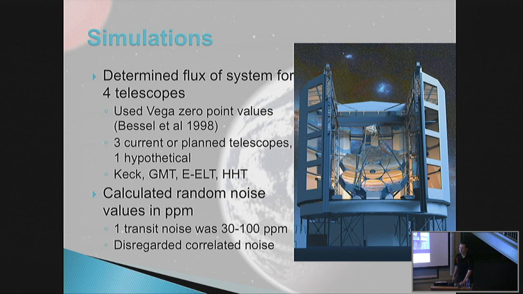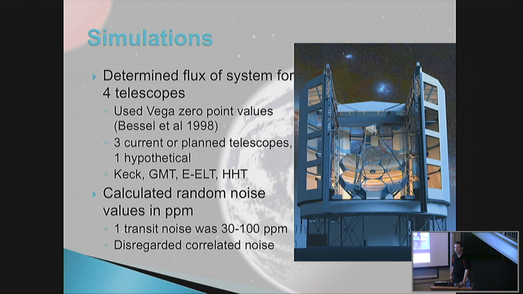So I determined the flux of this system for 4 different telescopes: 3 current or planned telescopes and 1 hypothetical. Keck, currently in use, the Giant Magellan Telescope, GMT, and the European Extremely Large Telescope, EELT, which are planned telescopes, and then the hypothetical humongous telescope, which I call the HHT.